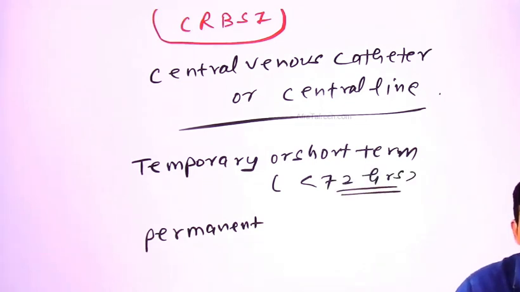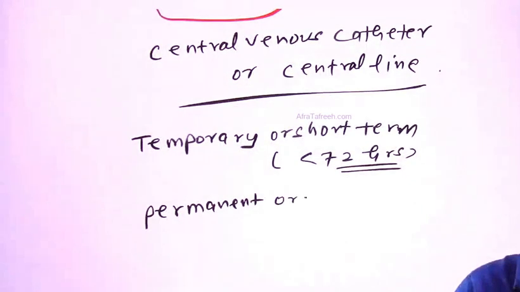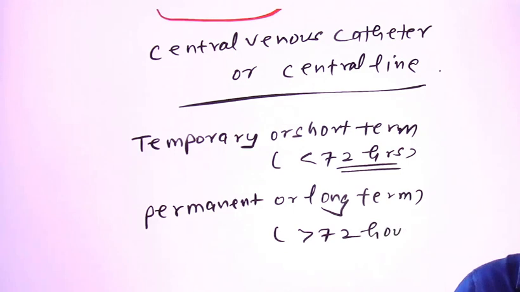If you are putting this in for less than 72 hours, it is termed temporary or short term. The permanent or long term is defined as more than 72 hours.